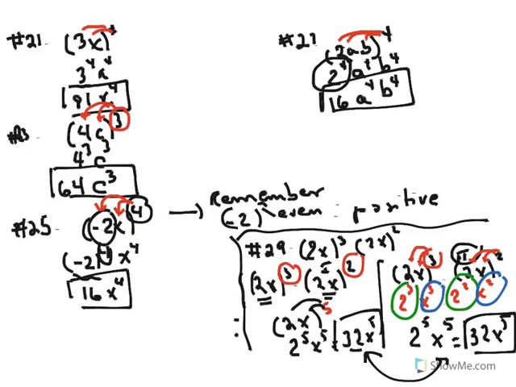Okay? Okay, so the next property that we're going to be looking at in section 2.1 is the property of quotient to a power, and we're working with page 169. Page 169, and we're doing quotient to a power.